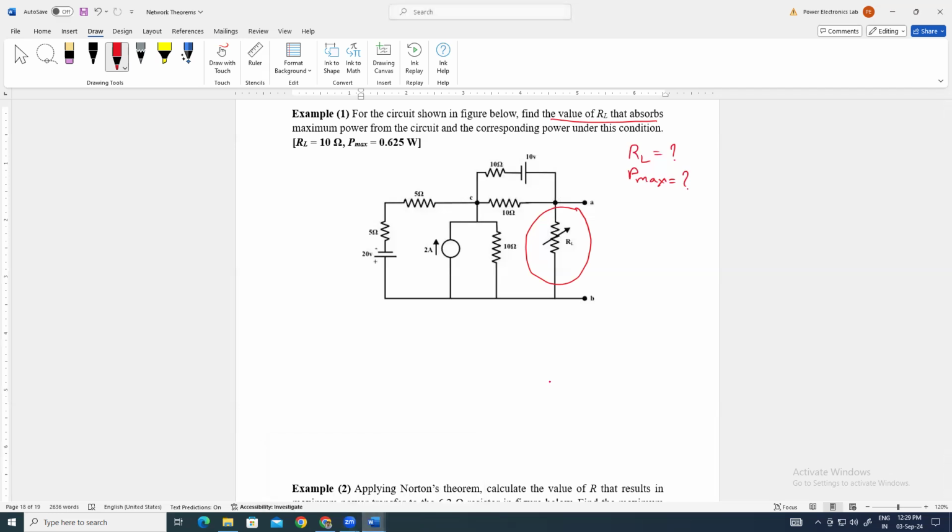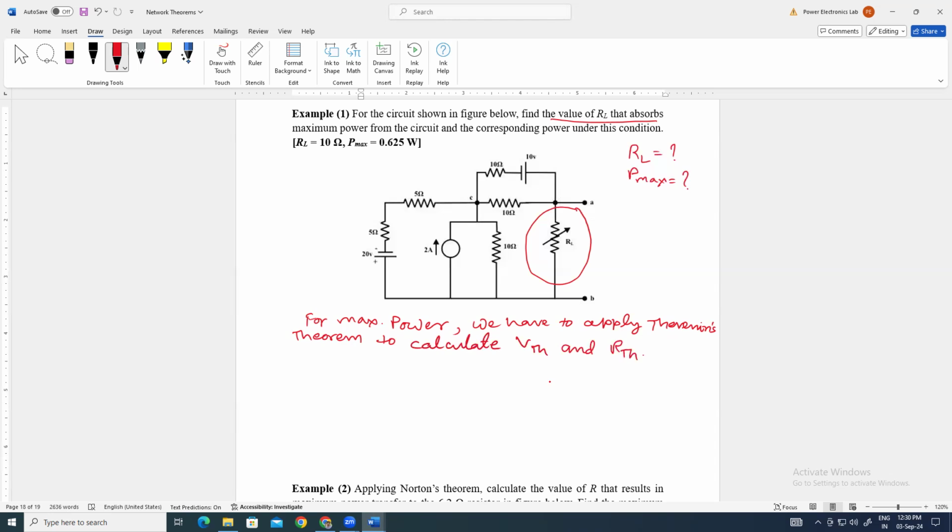So ultimately, we know that for maximum power we have to apply Thevenin's theorem to calculate VTH and RTH, because here we can see only the resistive network.